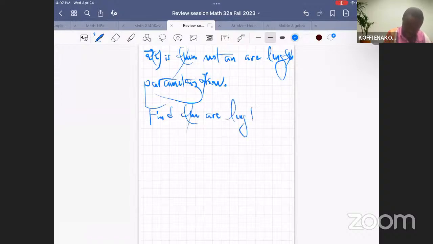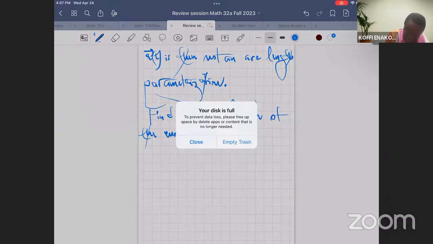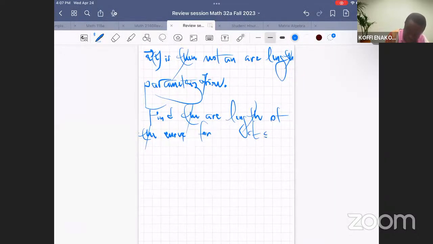Find the arc length of the curve for t between 1 and 5.